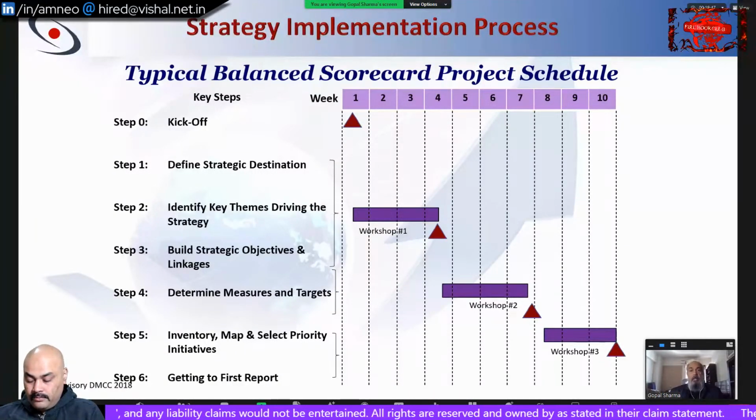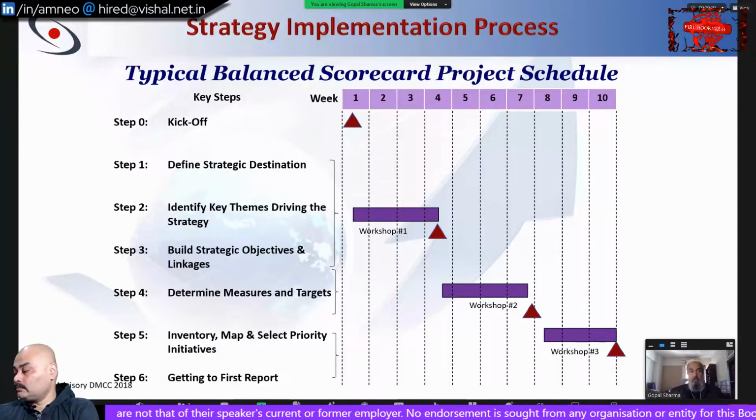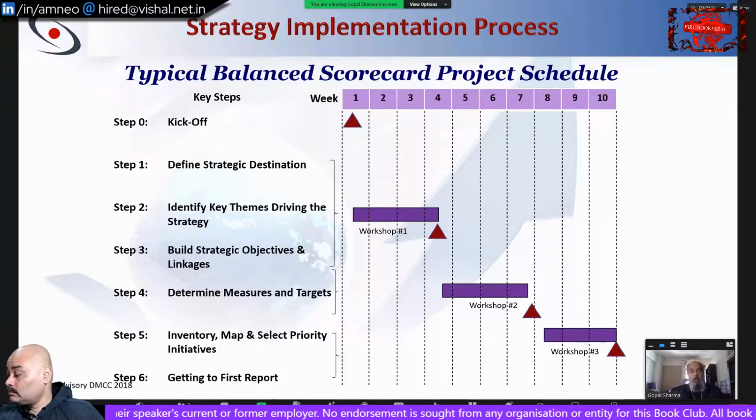The first thing, a very, very important thing for us to know, is that the leadership team needs to drive the strategy development and the strategy execution, the whole process. Without leadership's presence, people will not really cooperate.